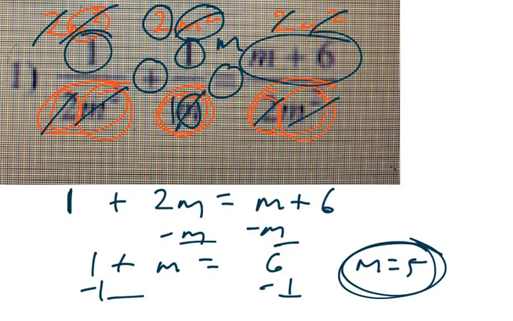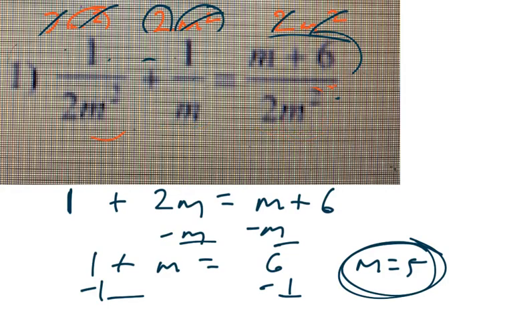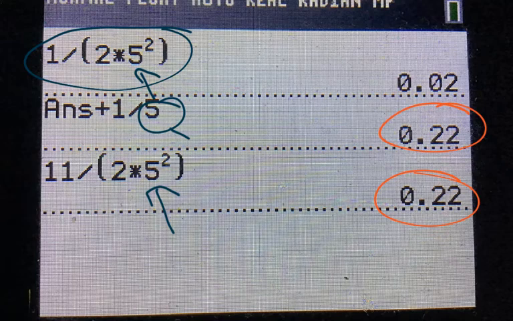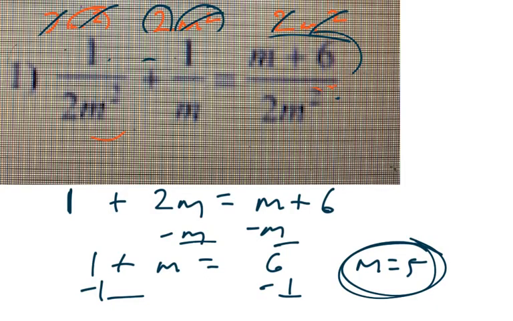This is based upon this equation right here, right? And as you can see, in the end, both of them gave me the same answer. Both the left and right sides of the equation. So pause it here if you need to.